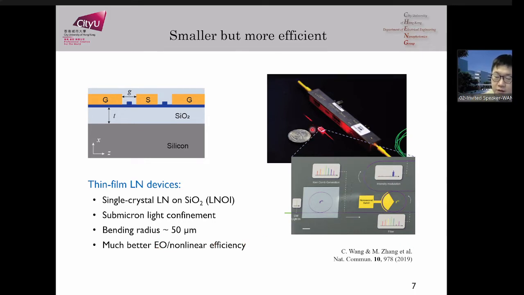So this is just one example of the devices built by us compared with a traditional modulator you would buy from the market. And on that chip, as I mentioned, you can do a lot of different things: micro-ring resonators, comb generators, tunable filters, many different things that really make it a circuit.